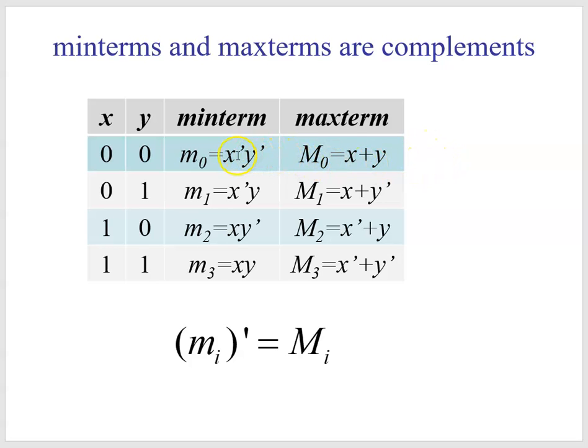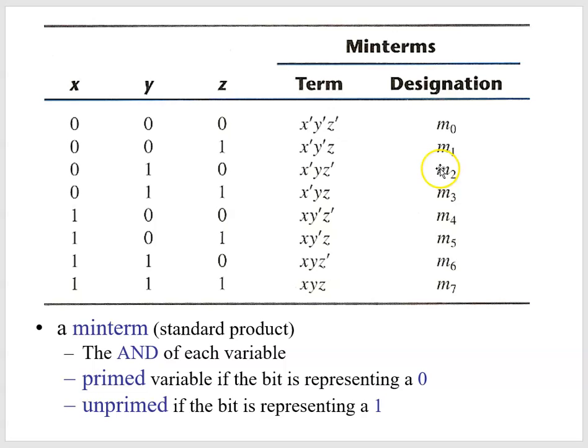And then when we want to expand it, this is just for two variables, we can expand it into its and product term, or its or sum term, respectively. If we have 3 variables, then we have 8 different combinations. So we have 8 minterms and 8 max terms. Again, the minterm, that's our standard product term.